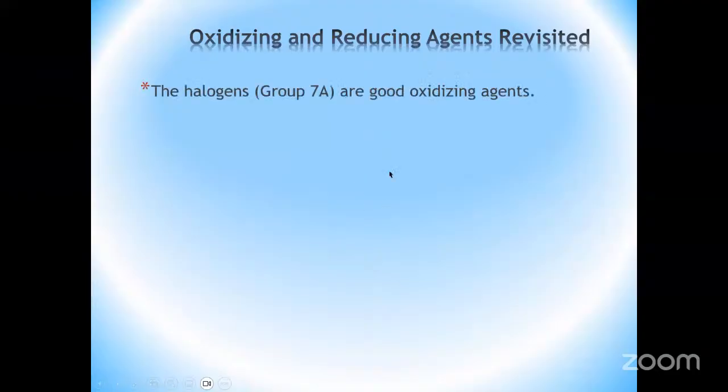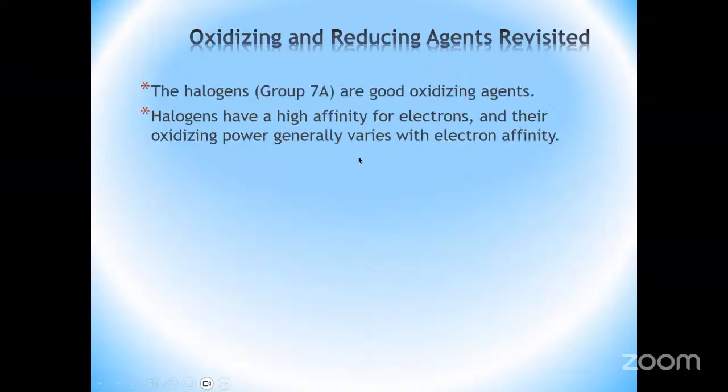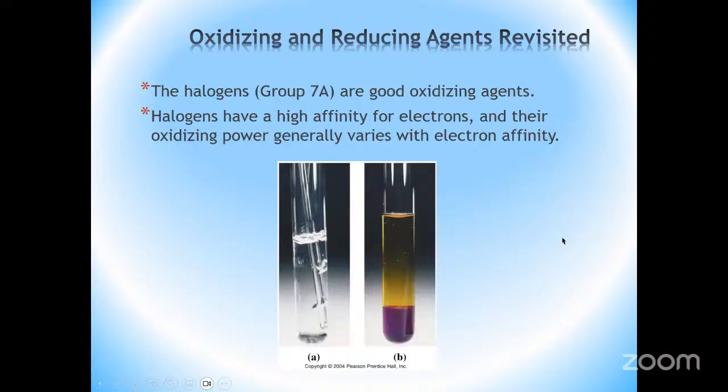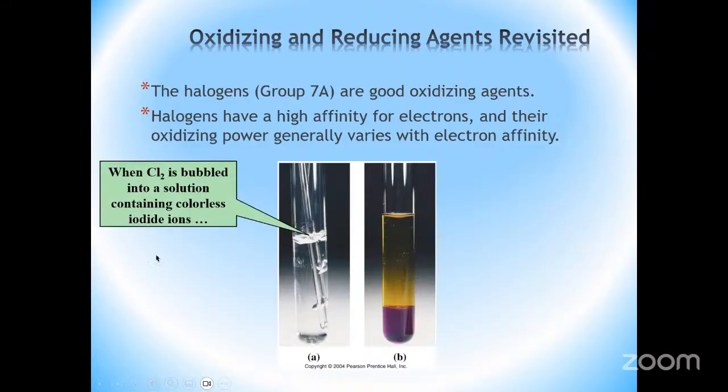And then some general information about the halogens. They are generally good oxidizing agents, and what you find is that the oxidizing power increases as you go up the group. So therefore, fluorine will oxidize a chloride ion, chlorine will oxidize a bromide ion, and so on and so forth. So for example, what is shown here in this picture is where chlorine is bubbled into a solution which contains iodide ions.